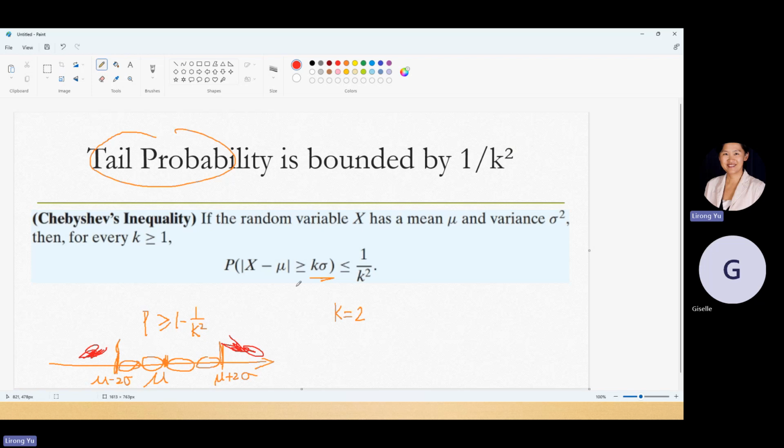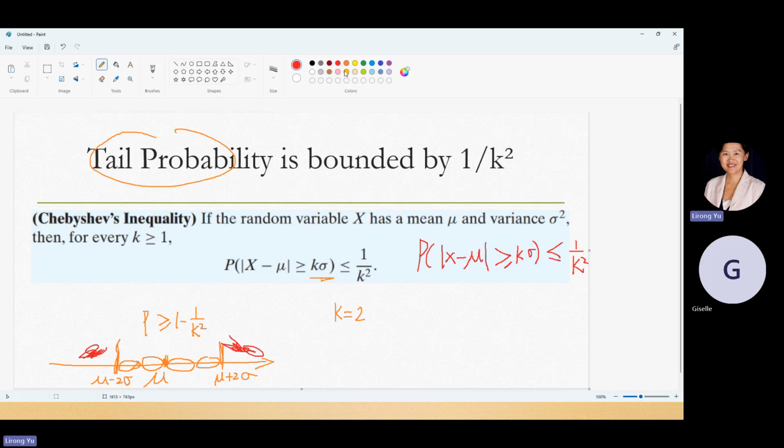So this is saying that the probability that the distance between x and mu is higher than k standard deviations, meaning x and mu are further apart, is smaller than 1 over k squared.